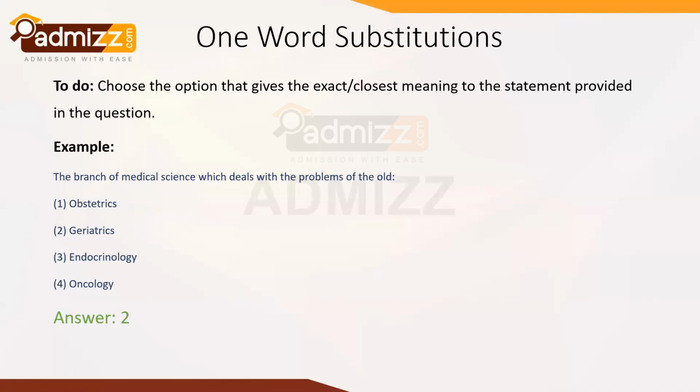Endocrinology means study of hormones or hormonal behaviors in human beings. Oncology means study of tumors. With this, I think the option narrows down to geriatrics because other options do not match with this problem in general, right? So the correct answer is geriatrics.